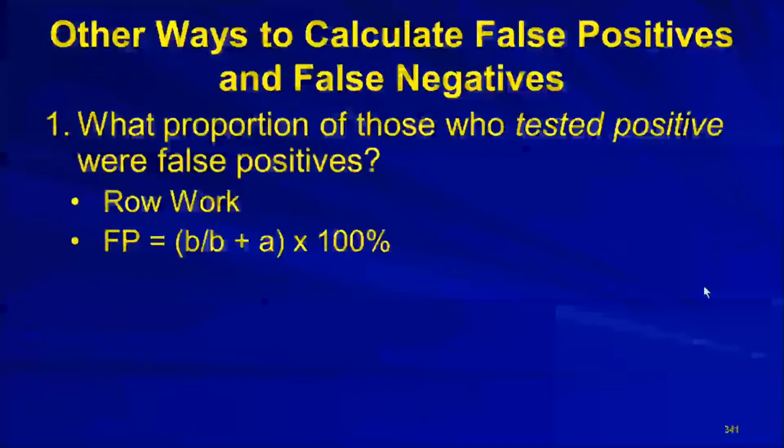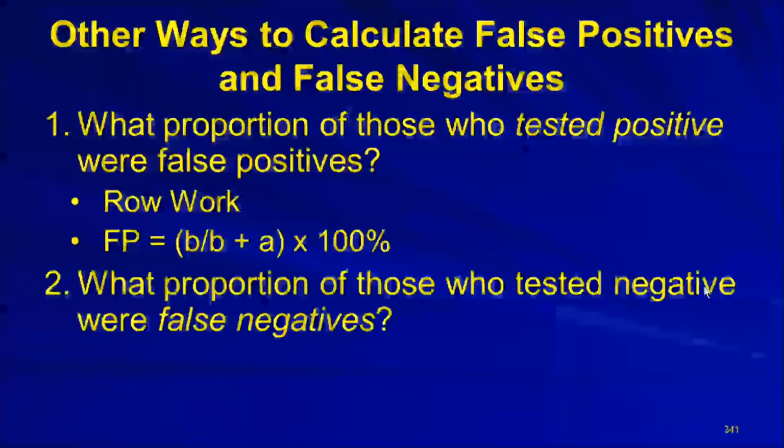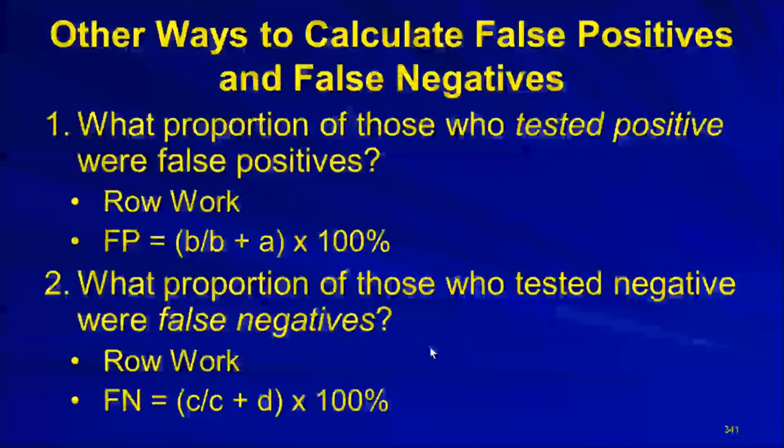And we know that false positives are in the B box, and so you'd have B divided by B plus A times 100%. And what are those? The proportion of those, again, who tested negative, who were false negatives, and we would look at C divided by C plus D times 100%.